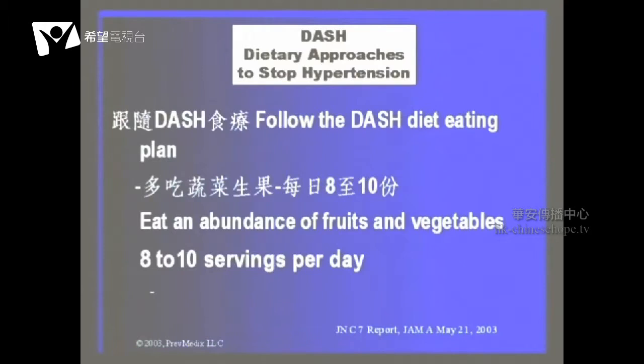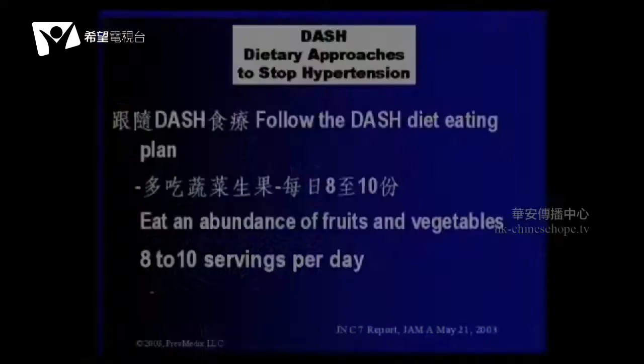And also they advise eating whole beans and whole grains. Of course, you know that sodium or salt is not good for hypertension. And exercise.